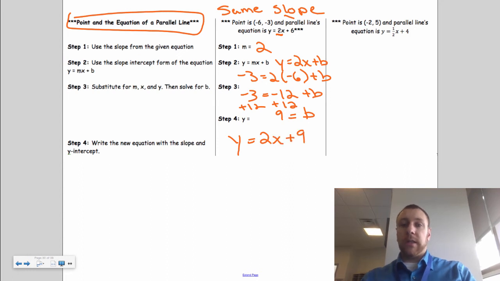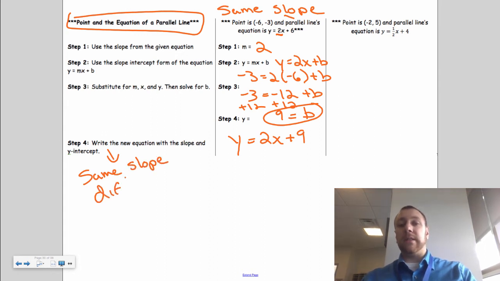What you'll notice is the slope is 2 and the y-intercept is 9. So whenever I'm writing an equation parallel to a given line, it has the same slope, but it has different y-intercepts. So whenever I'm doing the equation, I just use b instead of the number they give you.